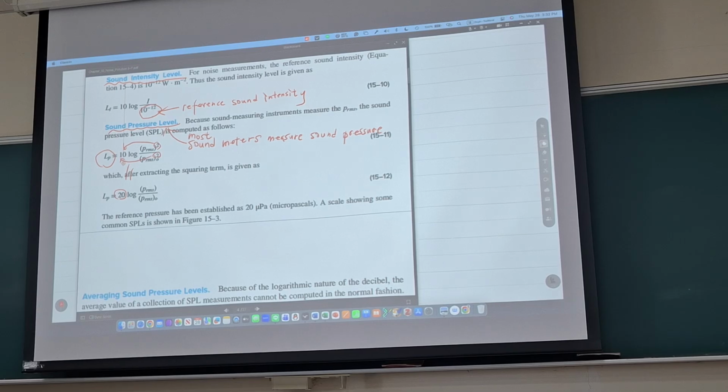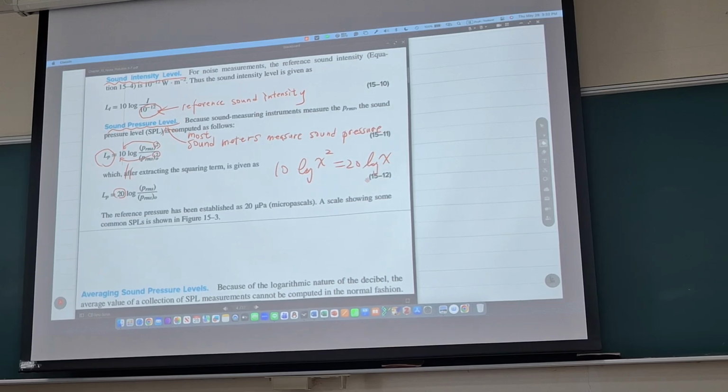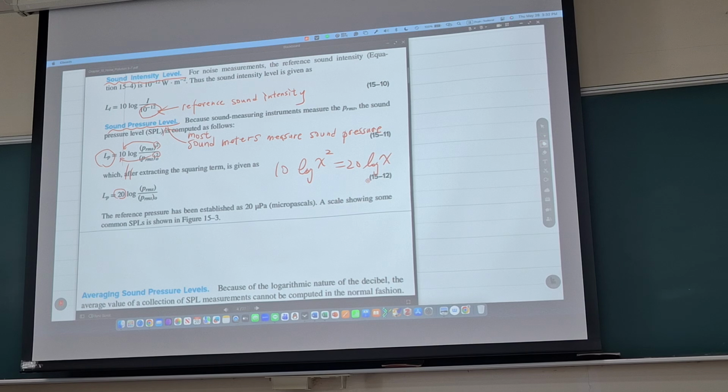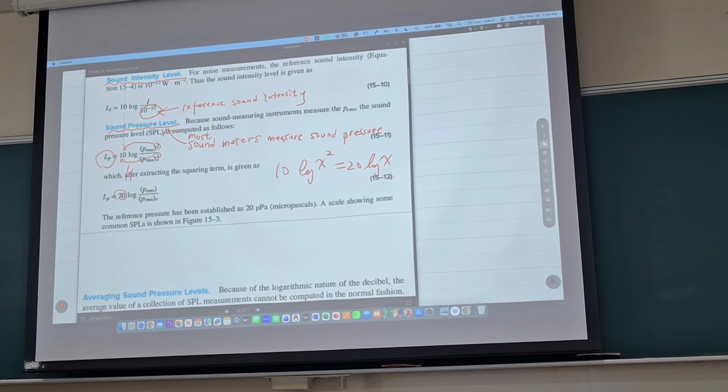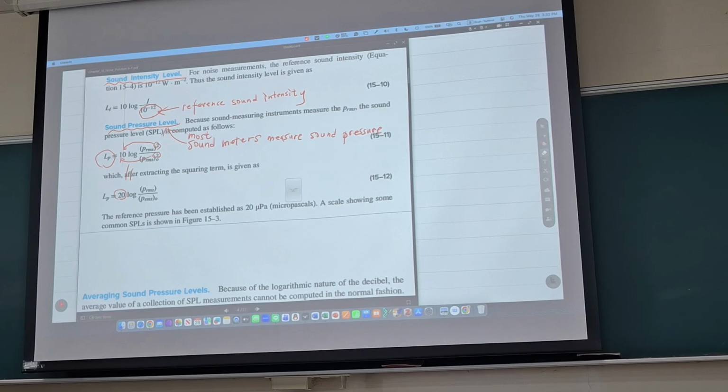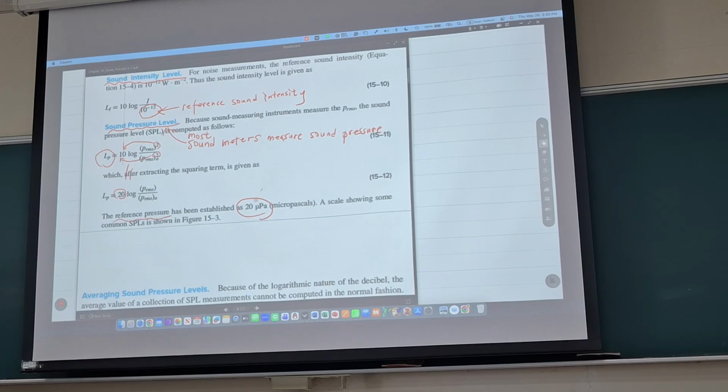Understand? 10 log x squared becomes 20 log x. This is high school math. And 20 micropascal is the reference pressure here.